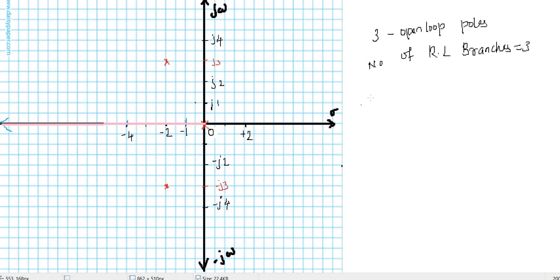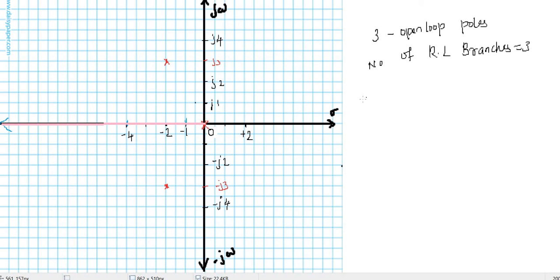We know that each branch starting from a pole should end at a zero, whether finite or infinite. Here in this question there are no finite zeros, because there is only the gain term k in the numerator. So there are no finite open loop zeros.